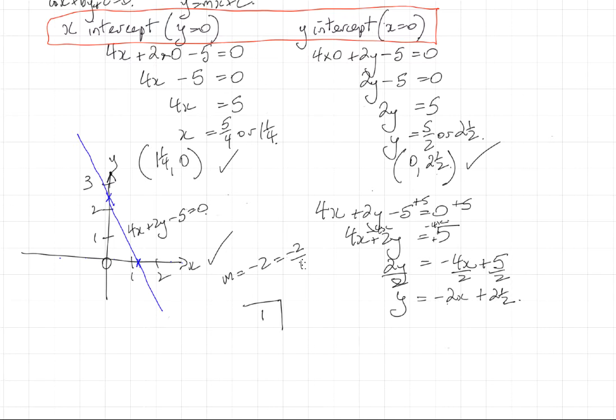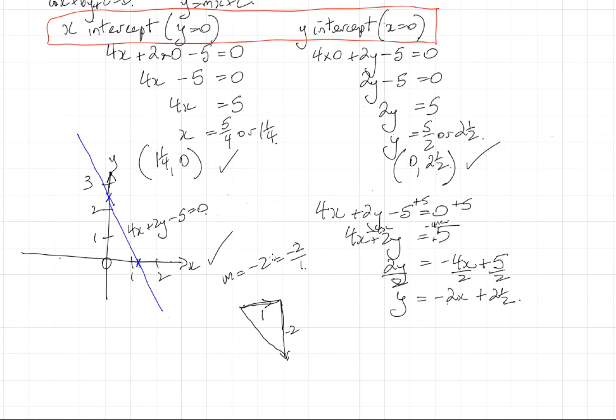The run is always positive, so if you get a negative here, it just goes to whatever's on the top of the numerator. So as we go across 1, negative 2, rather than go up for the rise, we actually go in the opposite direction. So that's down 2 units down there, so that's negative 2.